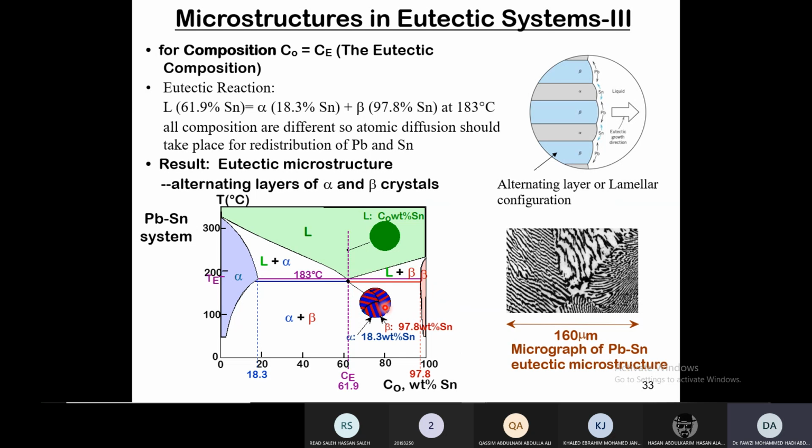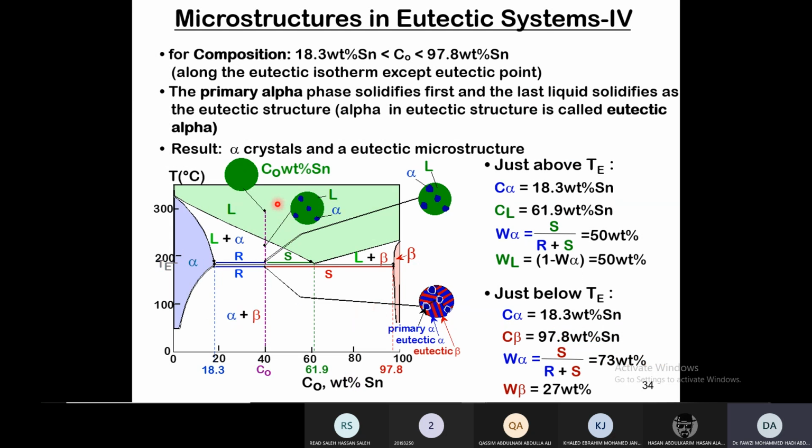It is this lamellar configuration. And we also looked at the development between 18.3 nearly to 61.9, how the microstructure develops. In this case, we said as you cool down, there is a primary or pro-eutectic microstructure, pro-eutectic alpha, which develops beforehand, up to a maximum, which it reaches just before the eutectic isotherm.